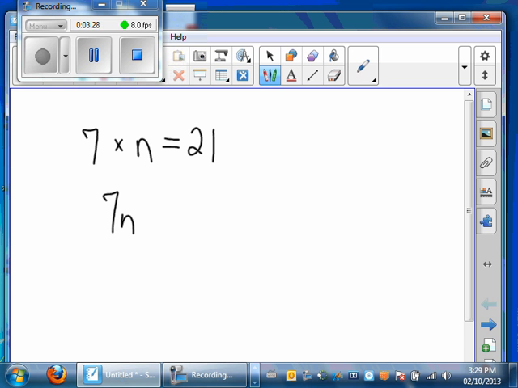We do that because in algebra, especially, they use the symbol x, and a lot of times it causes confusion because people think they're supposed to multiply, and in actuality it's a variable. So instead of putting the little times in there, whenever you see a number butted up against the letter, that simply means 7 times the number. That's all it means. It'll only be written as 7n. Okay? I'll show you another example.